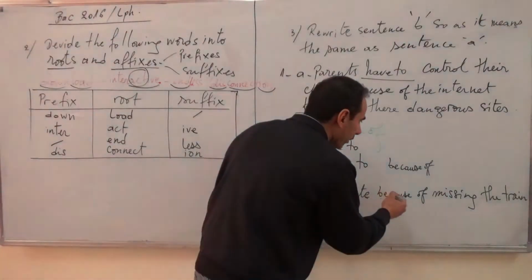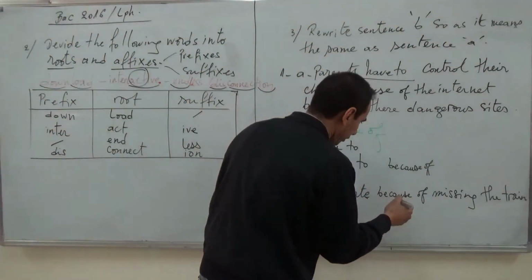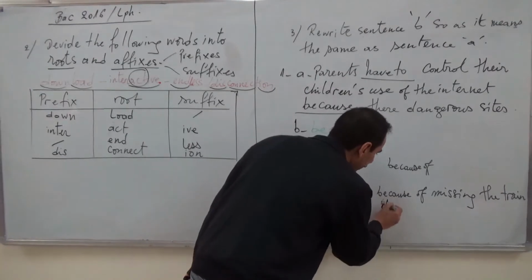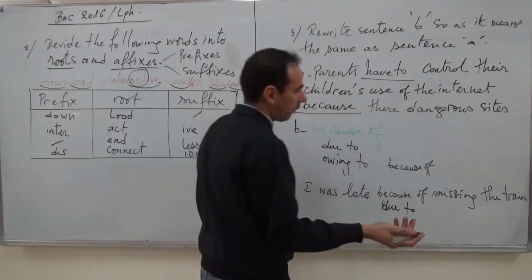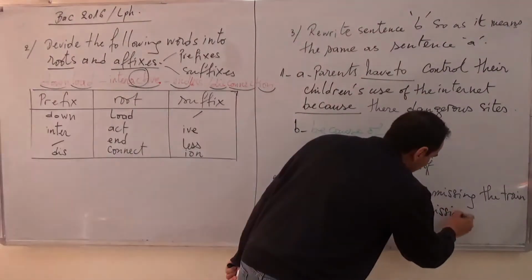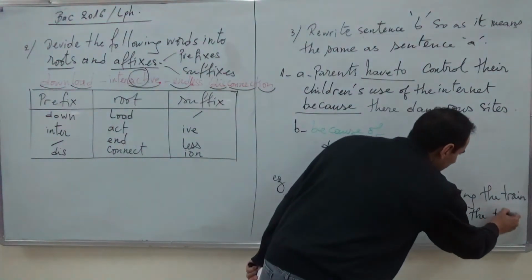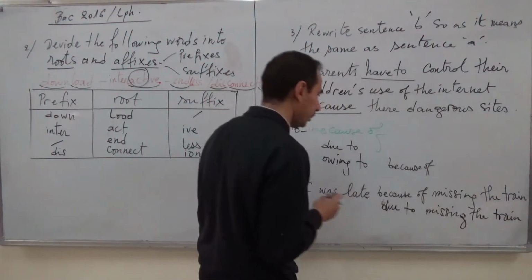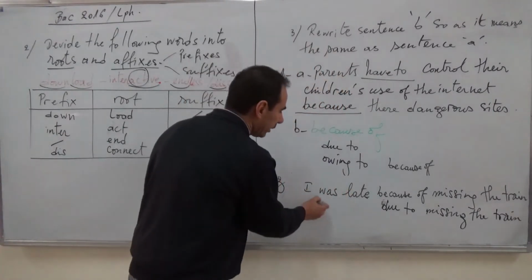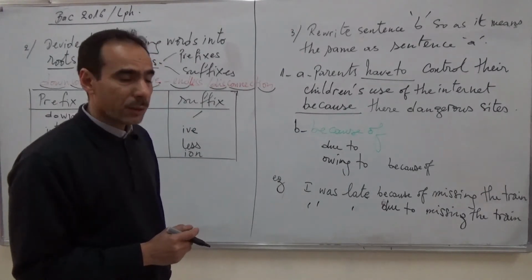I was late because of missing the train. Can it be substituted with due to missing the train? What do you think? Is this sentence correct for you?